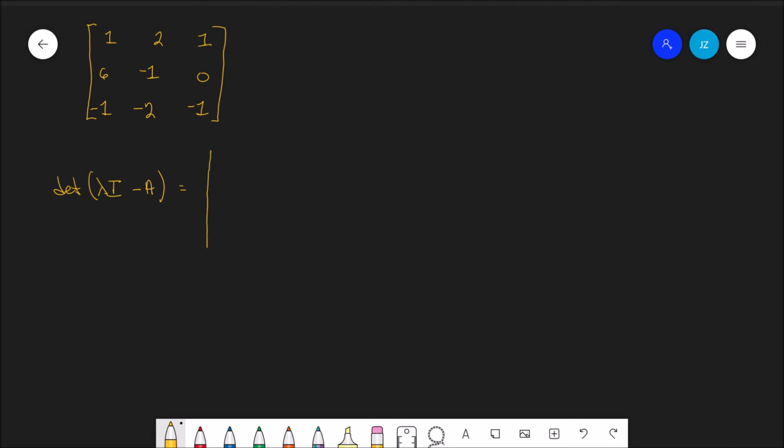So this will be lambda minus 1, minus 2, minus 1, minus 6, lambda plus 1, 0, 1, 2, and lambda plus 1. The determinant winds up being lambda times lambda squared plus lambda minus 12.